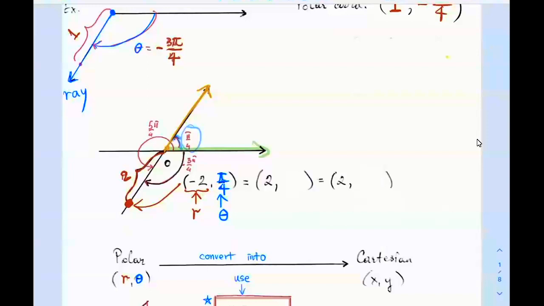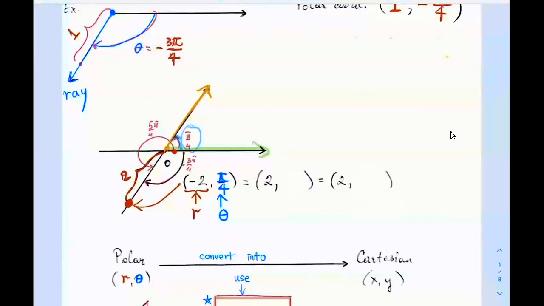Now you see that it's actually not unique. Polar coordinates are not like Cartesian coordinates. They can have different representations for the same point. For example, for this point, if I want r to be positive 2, what angle theta can I put here? You can let the ray point this way, and then go 2 units away from the pole.